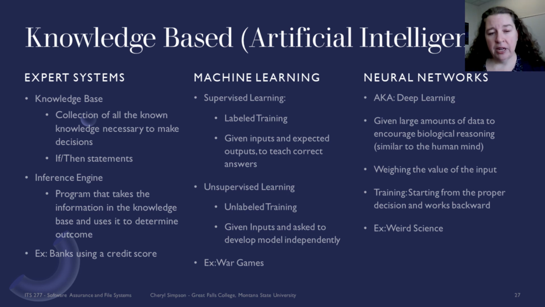And then the second part of an expert system is the inference engine. The inference engine is going to take all of that knowledge base and use it based on a series of inputs to determine the outcome. This is something that banks use for determining whether or not you should be approved for a loan. We're going to take the collection of all of the known information. If your credit score is this high, if you have a tendency to be late on your payments, if you are this age, this gender, if you own these assets, if this, then you are a good risk, then you're a bad risk, whatever that happens to be.